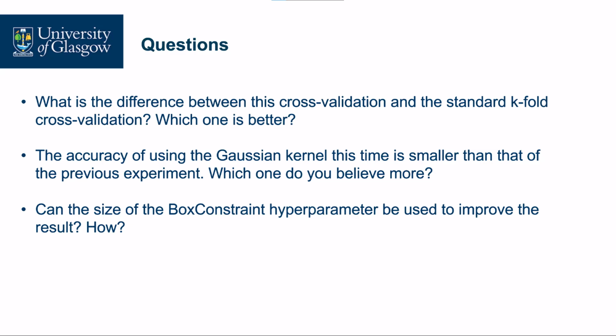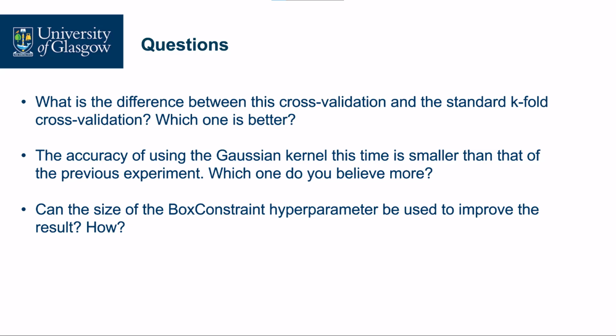We allow some misclassifications, but now this becomes a nonlinear one. So can we still use a box constraint, the C value, to continuously improve the result? And why? Or how can this improve the result? These 3 questions are my questions for you to think about.